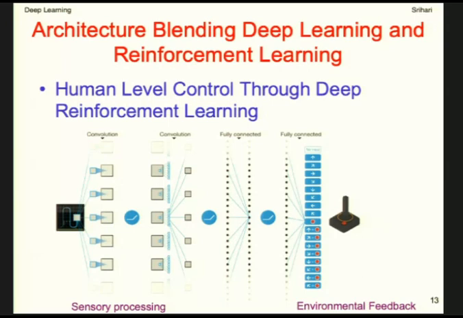So it's some combination where the sensory stuff is all being done by standard deep learning. And then there's something called Q learning that goes on in reinforcement learning, where you have the environment providing feedback when you do something. What is the kind of feedback you're getting? So it remembers those. But those are all connected up to a deep learning network. So it's an interesting subtopic about combining deep learning with reinforcement learning.